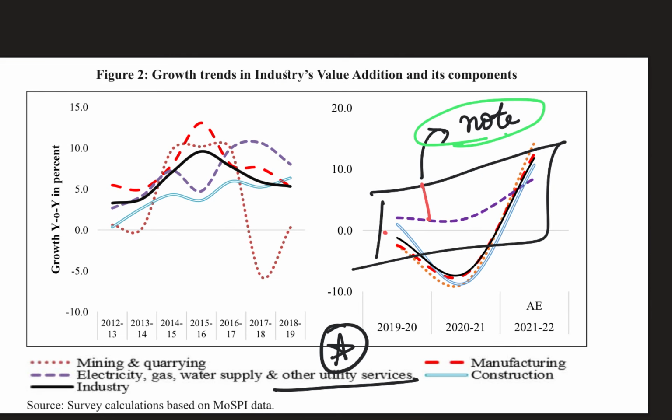Regarding the performance of industry across different time periods, you will notice that there is one sector which has withstood even the crash of economy during the COVID crisis. That is electricity, gas, water supply, and other utility services. You can see here. Why did that happen?